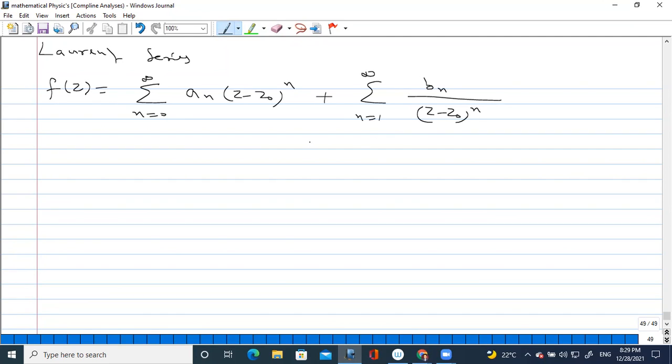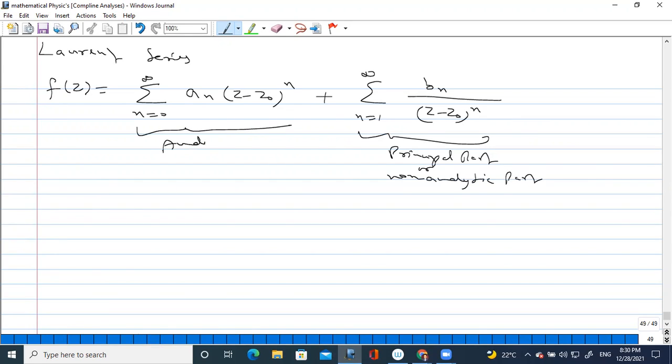So this is the Laurent series. This is the principal part, or non-analytic part, and this is the analytic part. Okay, now here b_n we have to define.